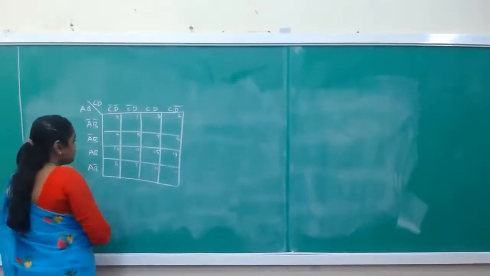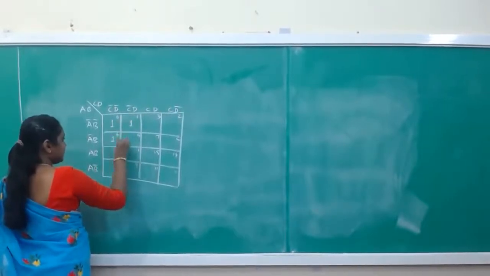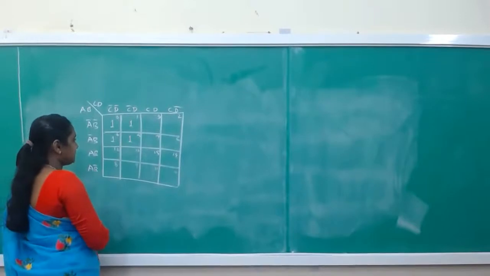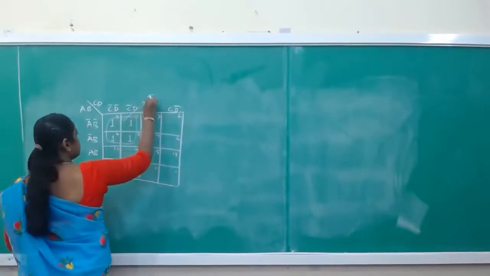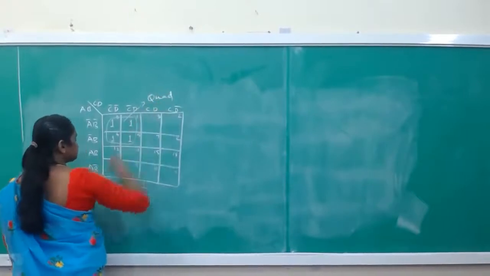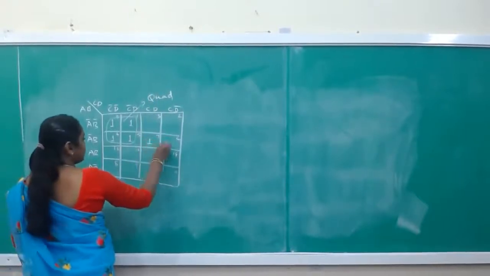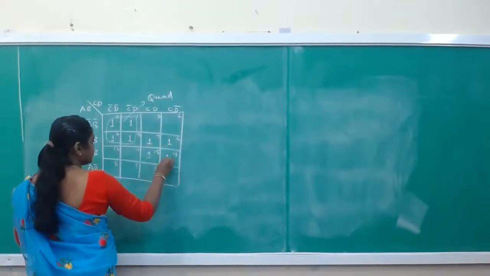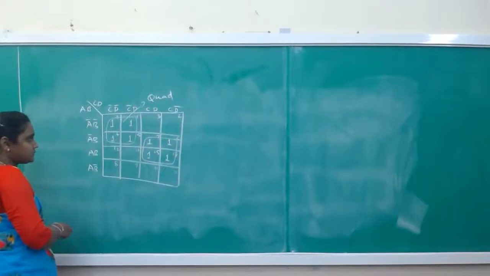So now this is 1, this is 1, this is 1, and this is also 1. Okay. This makes a quad, a group of 4. This is 1, this is 1, this is 1, and this is 1. So this also makes a quad.